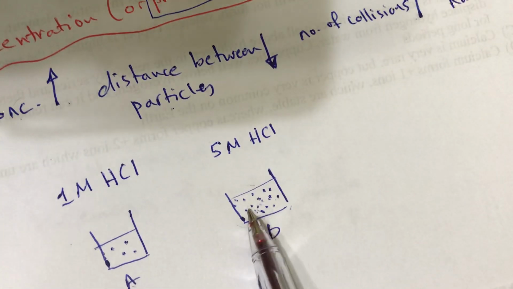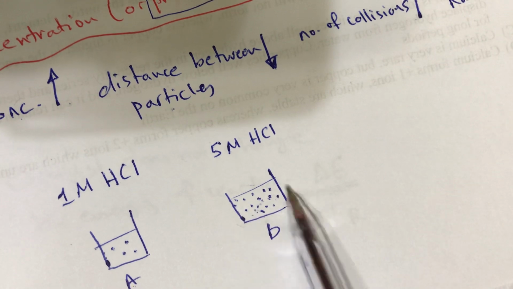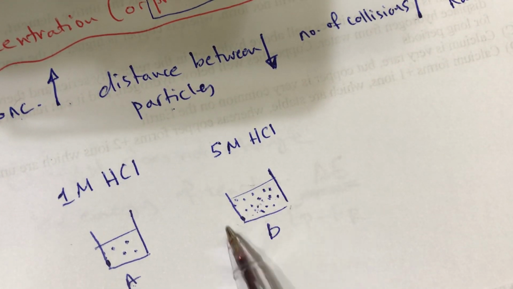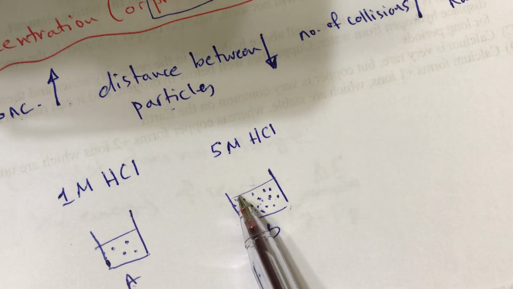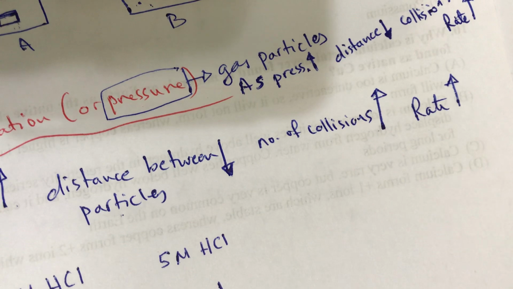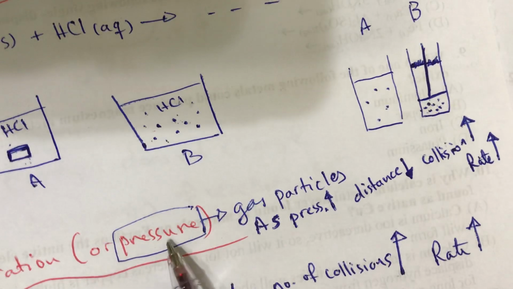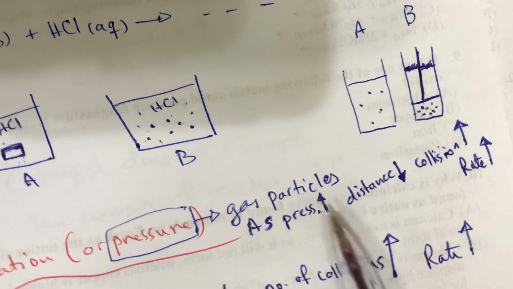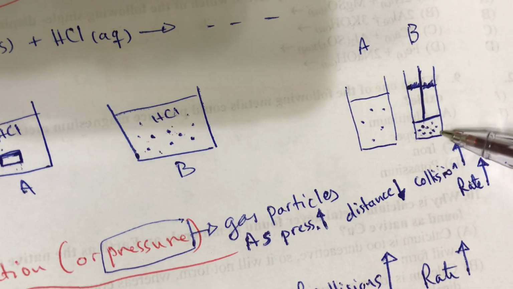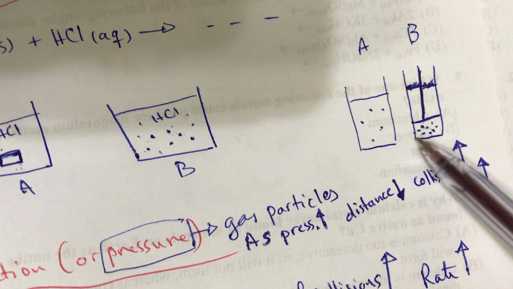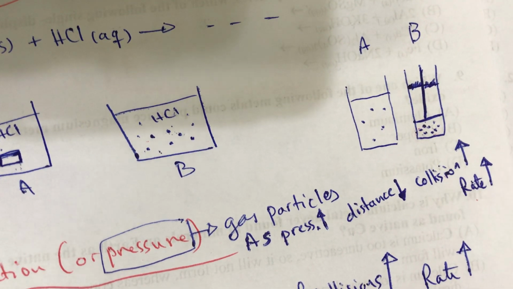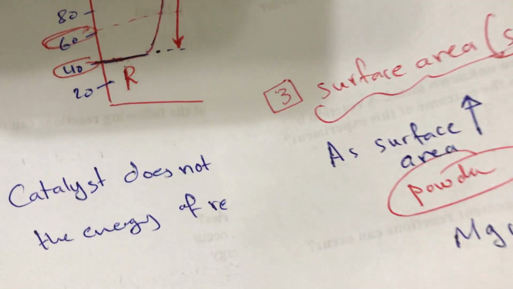As the concentration of a substance increases, the number of particles increases, so they become closer to each other, so the number of collisions increases, so the rate increases. And for gas particles, the pressure increases by decreasing the volume. So particles become closer to each other, so collisions between them increase, so the rate of reaction increases.